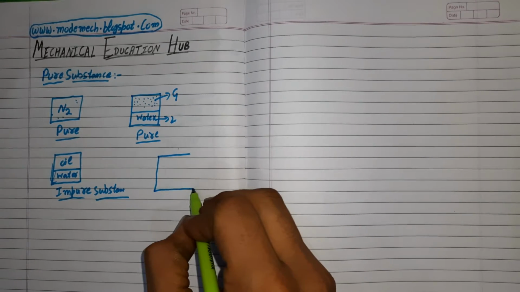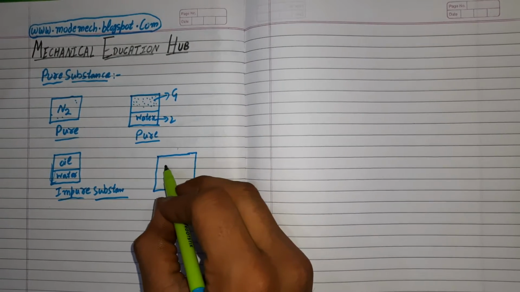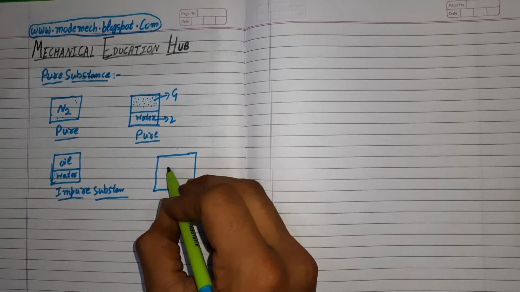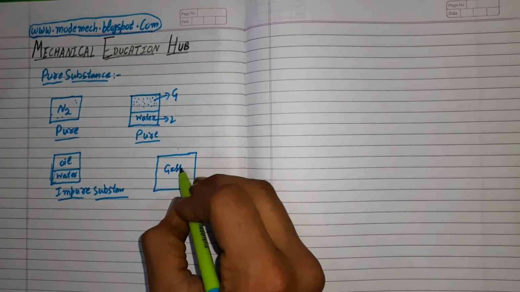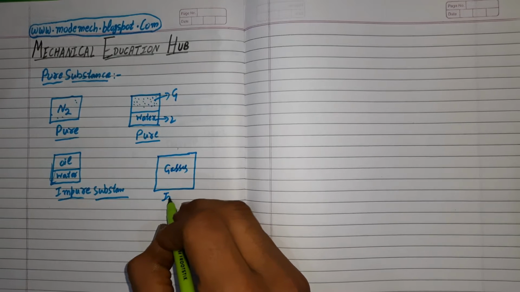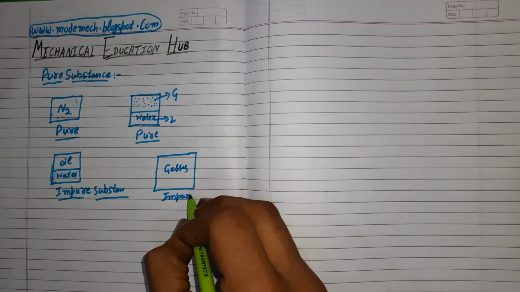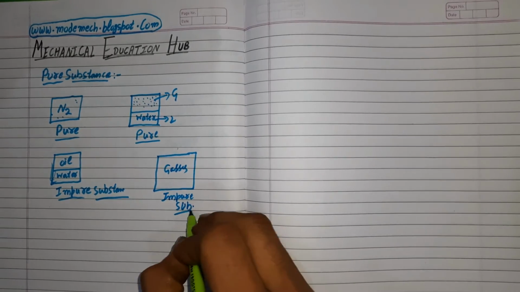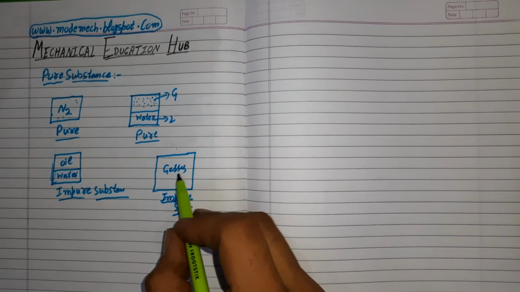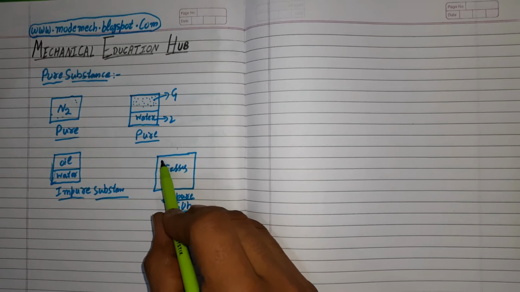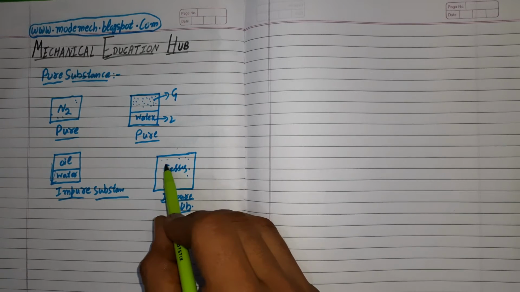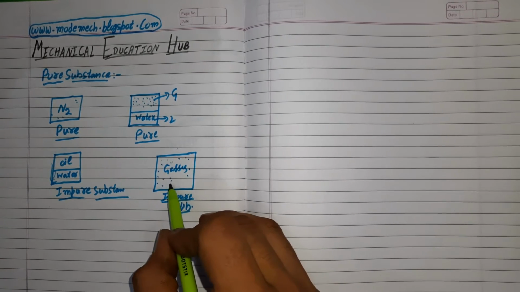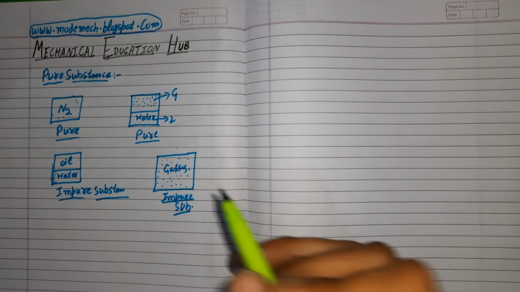A container filled with different gases, or a mixture of gases, is also an example of an impure substance. Here the phase is the same, that is the gaseous phase, but we have a lot of different compounds.